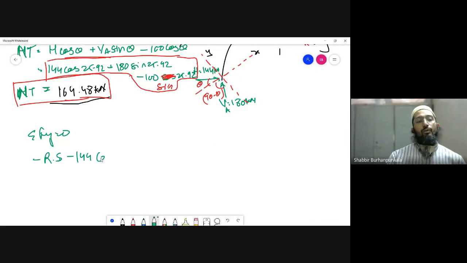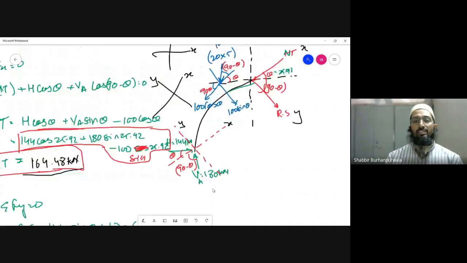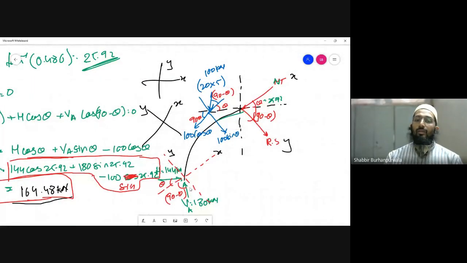So minus 144 sine theta plus 180 cos theta, and then there is also one more force acting over here. That force is vertically upward, this is vertically downward. Converting this is going to give me sine theta.